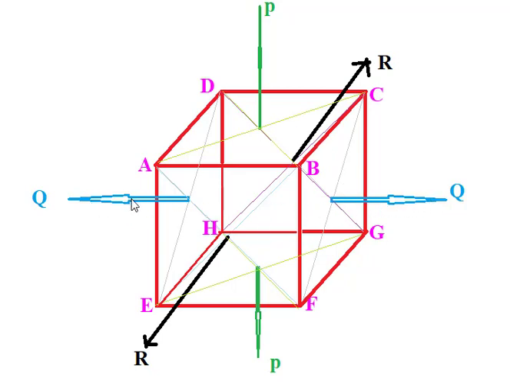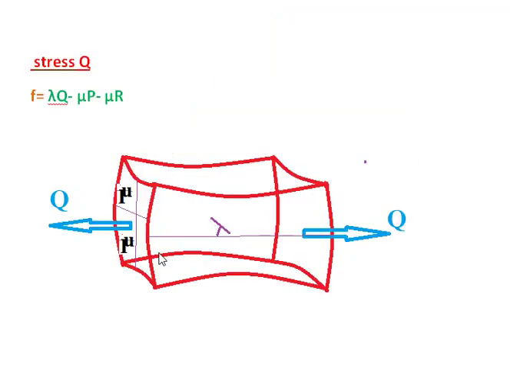On applying a force along this direction, this cubic material changes like this. So it expands. The length of this cubic material expands along this direction Q. It is indicated by the expansion lambda. So the length increases here.